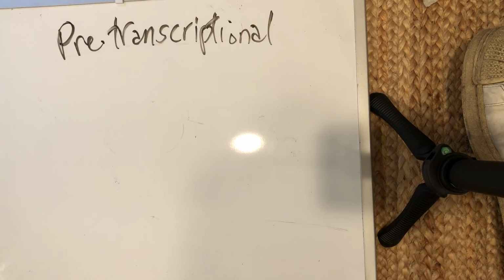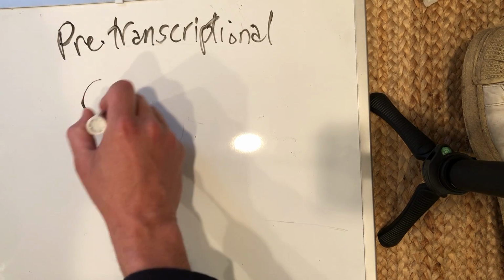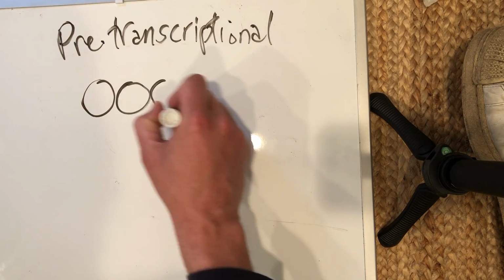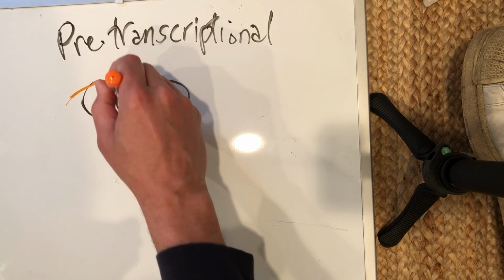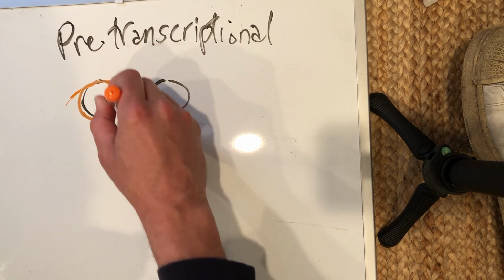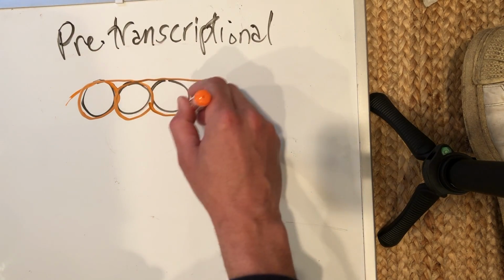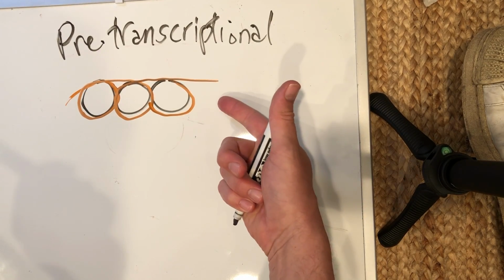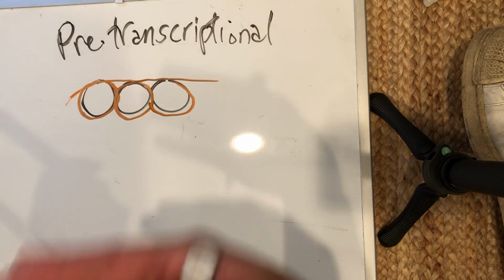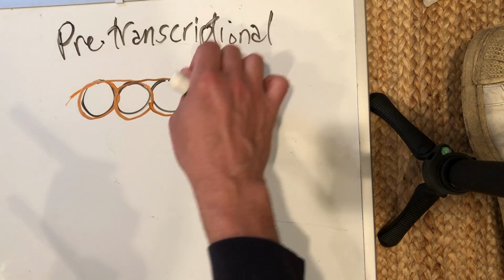Pre-transcriptional gene regulation is whether those histone proteins are tightly wound up, leaving the DNA inaccessible to RNA polymerase to transcribe, right? Or are those histone proteins acetylated? This would be methylated, right? You're not required to memorize that. I'm just reminding you that those methyl groups bind to this.